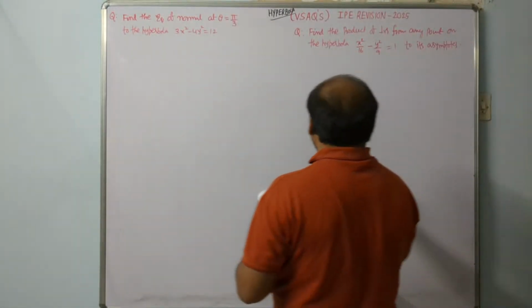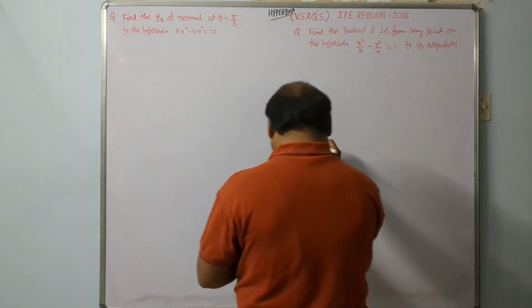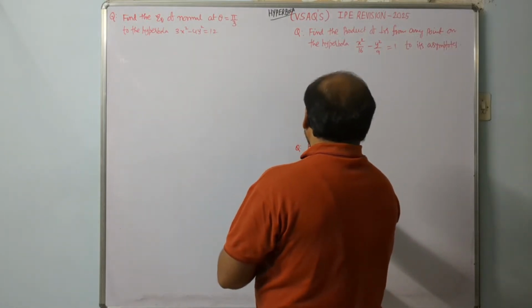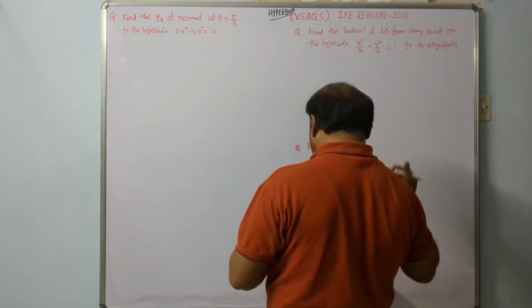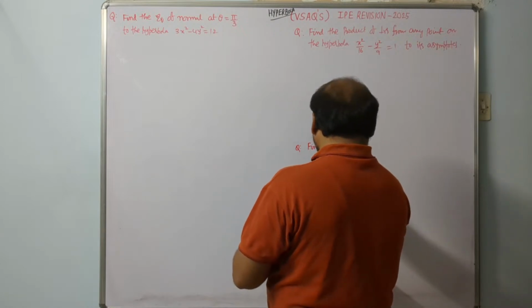After that, one more question is also there, dear students. Here also, I will write it here only, better to write. Sometimes we'll ask this question as a 4 marks also.